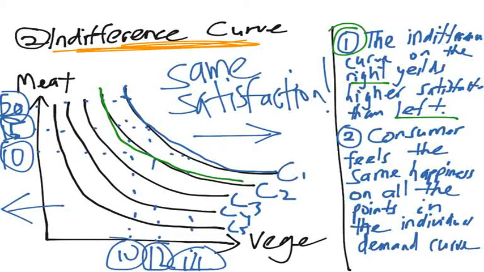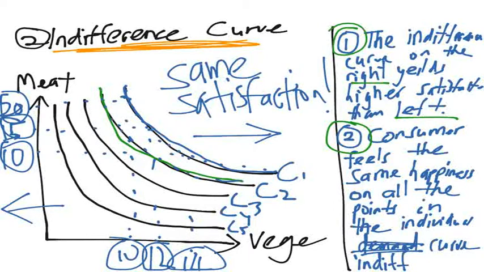Okay, in other words, at every single point of C1, the consumer gains more satisfaction than each and every point of C2. Understand? Okay. The second thing that you need to know about the indifference curve is that the consumer feels the same happiness on all points in the same curve, the same individual indifference curve, not demand curve.